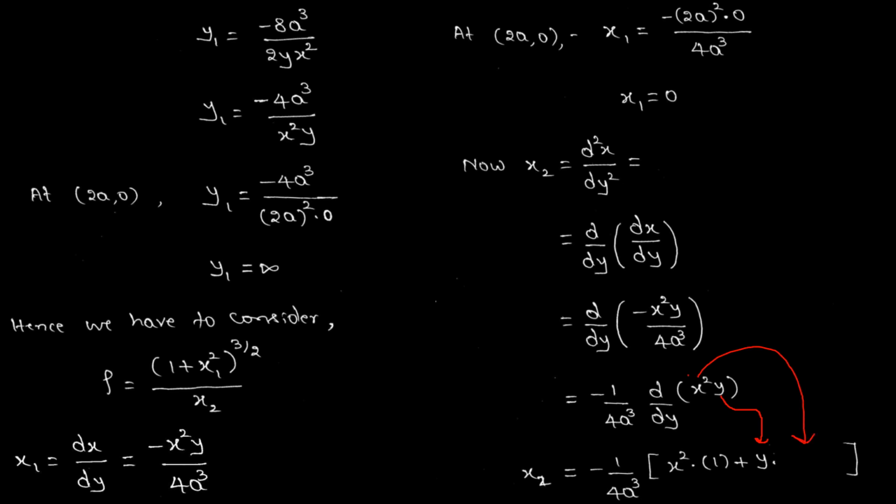Since x square depends on y, we need to use the chain rule. First thing, differentiation of x square is 2x, then differentiation of x will be x1. Let us simplify further.